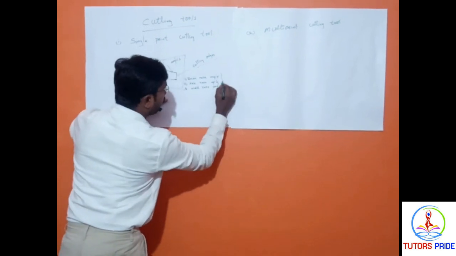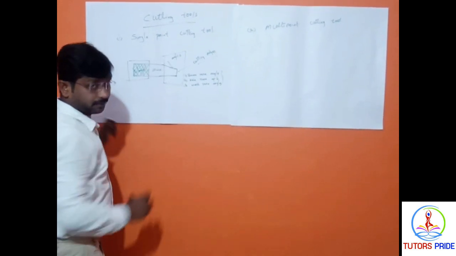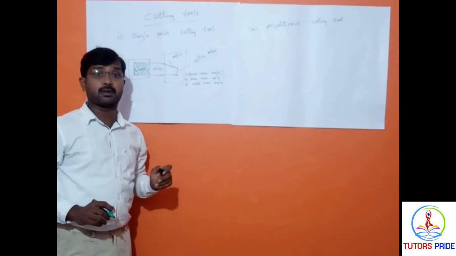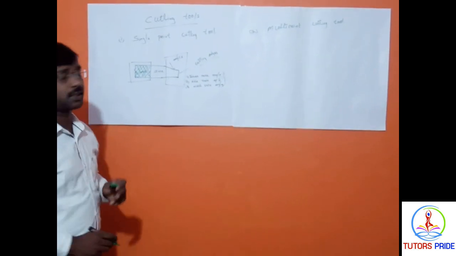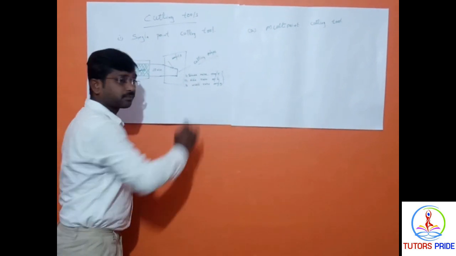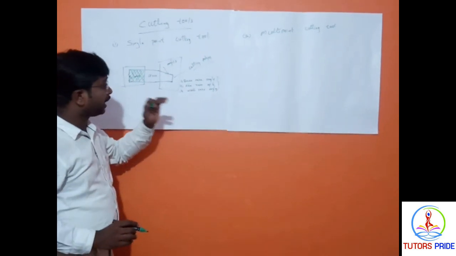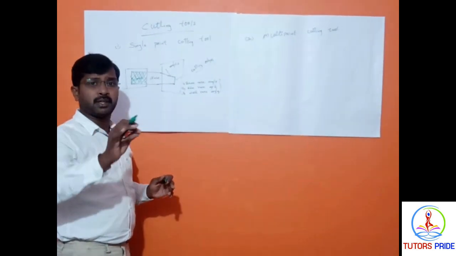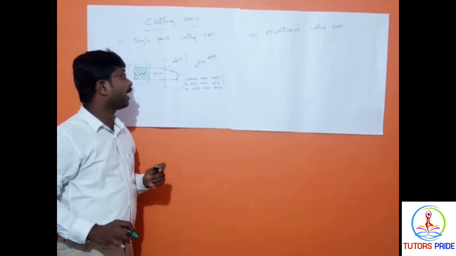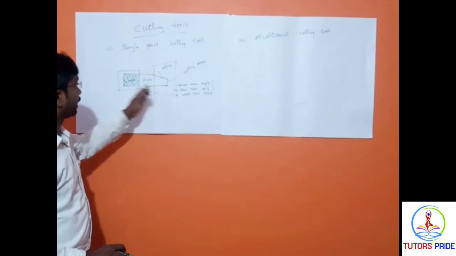So this is all called nomenclature. If anyone asks what is the nomenclature of the single point cutting tool, yes, this is the nomenclature. Any angles we are clearly describing in the form of cutting edges are called angles.